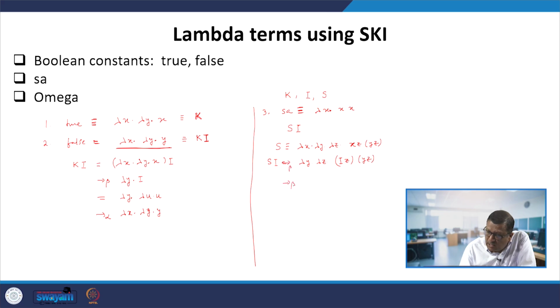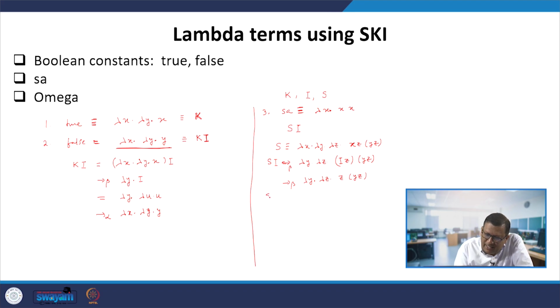Beta reduction gives us lambda y, lambda z, I z will be z, so this will be z of y z. Now we have not achieved our lambda x dot xx. There are two variables, y and z. We have to get rid of this y, then only one lambda will be there.